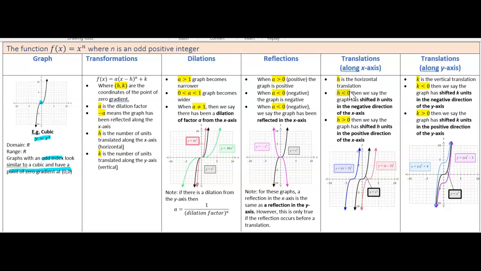We're keeping the same form as before, but it just means n is an odd positive integer. A is your dilation factor, pretty much the same thing as before, so all these dot points are the same as before. Your dilation factor is exactly the same as before. Just remember in calculating your dilation from the y-axis.